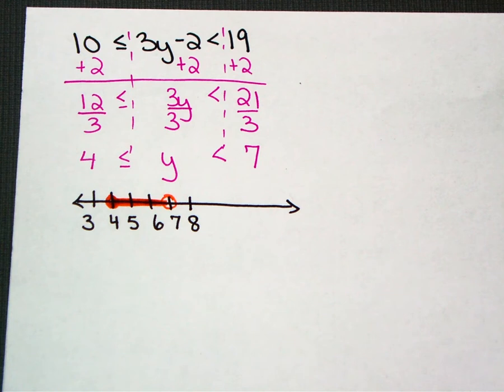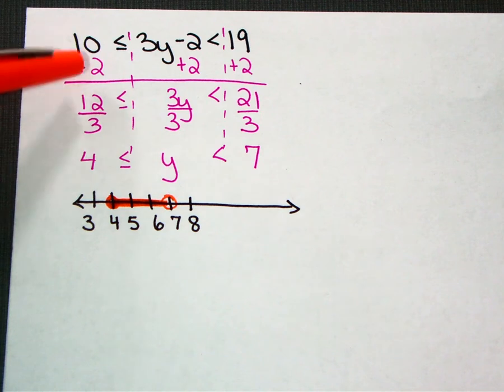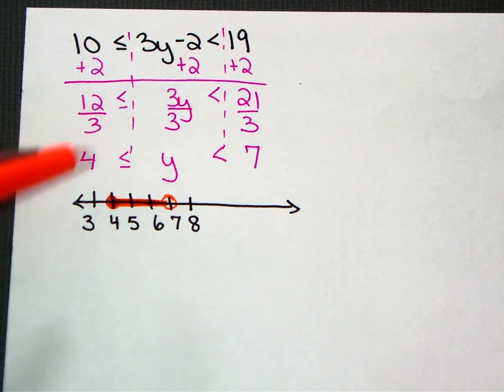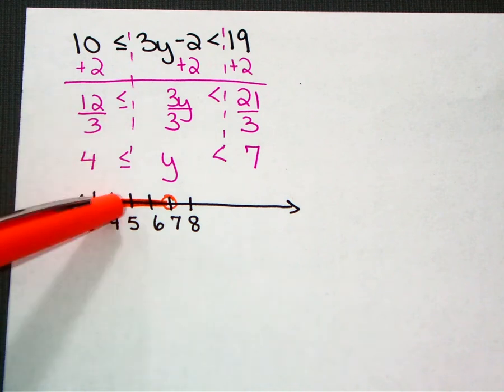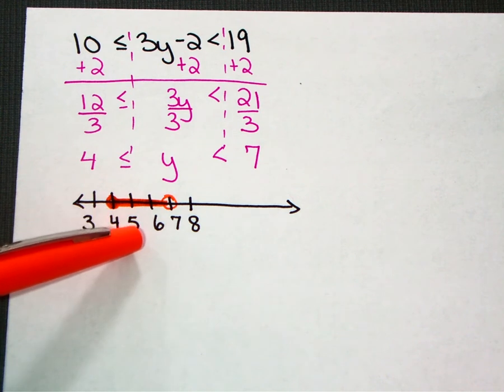Please do not just assume that the shading happens in between. What you can do, though, is recognize that this is an and problem because of the one single inequality and two inequality symbols. And once we get to a solution, I've plotted my two endpoints. Pick a number in between, like 5.